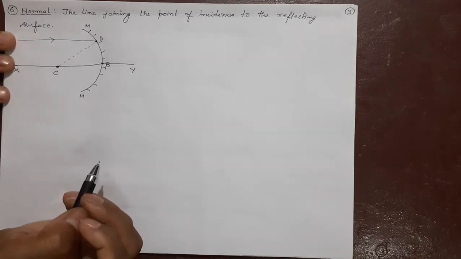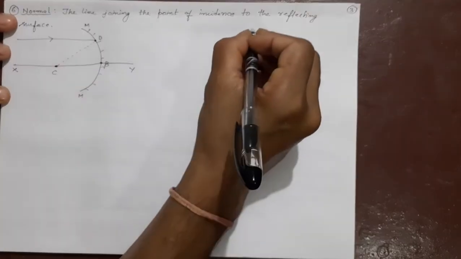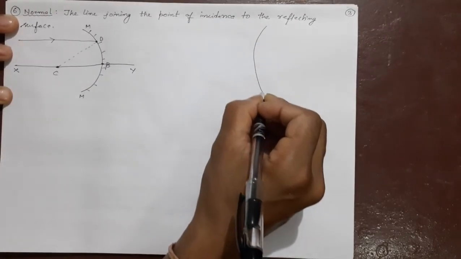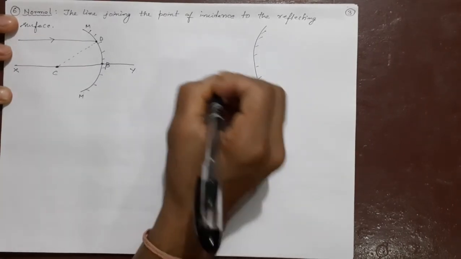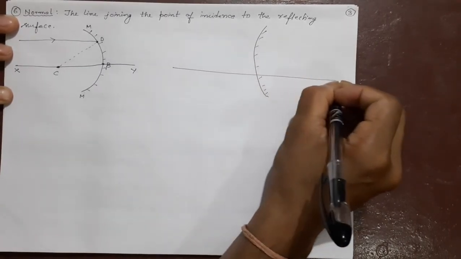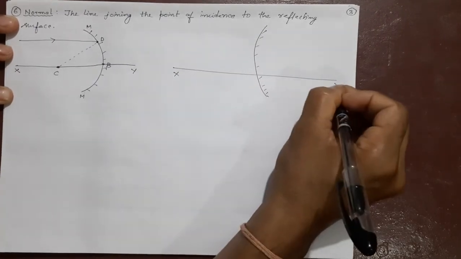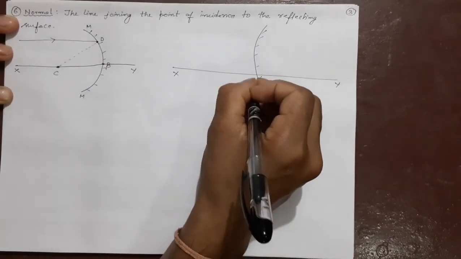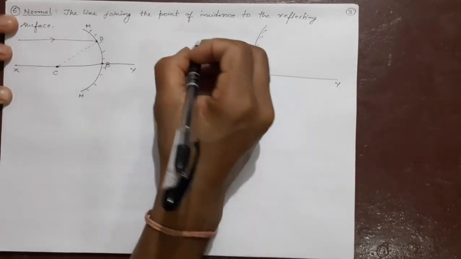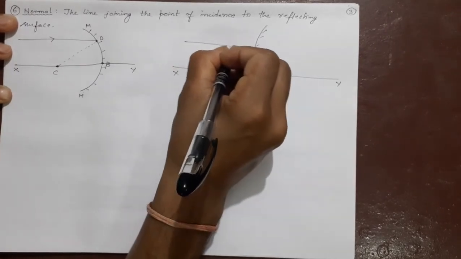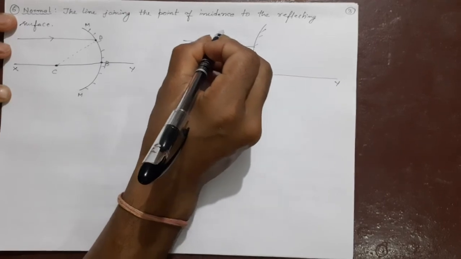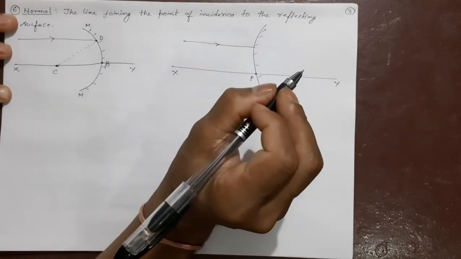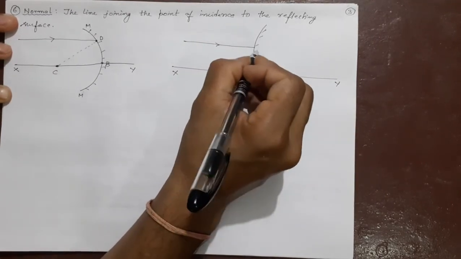So this is for the concave mirror, and for the convex mirror it is also possible. In the convex mirror, suppose this is X, Y, this is the pole. I should have made it in the middle, but it's okay. The light is going like this, and it will be reflected back here. That I will not draw now, you will draw it in the other diagrams.